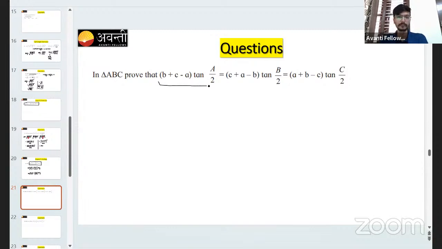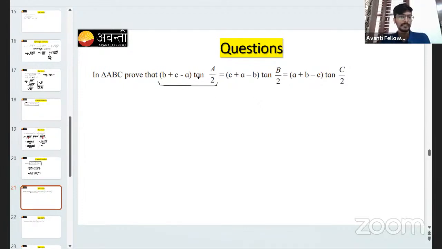Suppose I select this one. If all three are equal, then the value we get at the end will be the same. Since there are three, we cannot do LHS equals RHS directly. What will we do here? We will simplify all of these and all of these will have the same value. Suppose its value comes out to be 2, then we simplify this one also and get 2, and simplify this one also and get 2. So if all these three are equal, that means the equality is proved. Got it? So let's simplify this first.